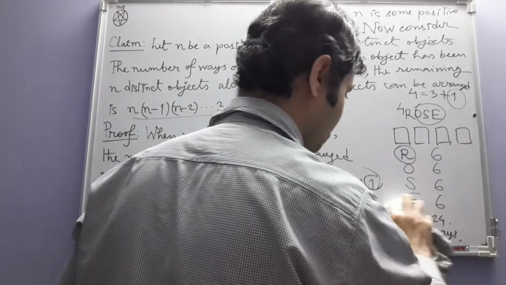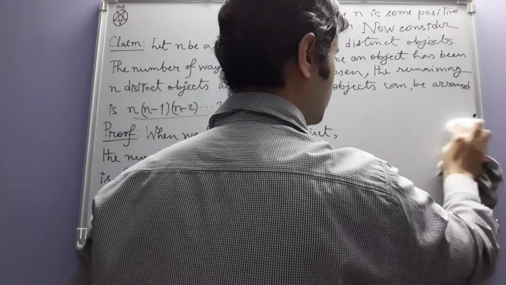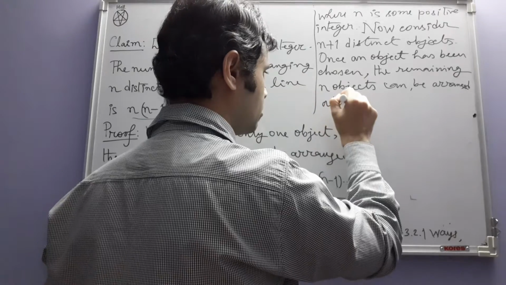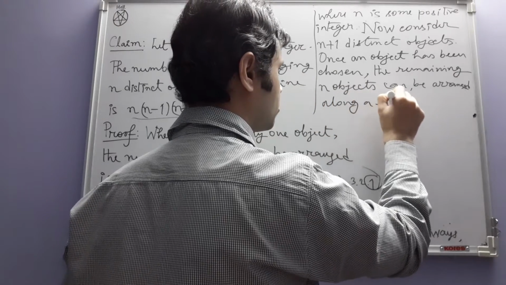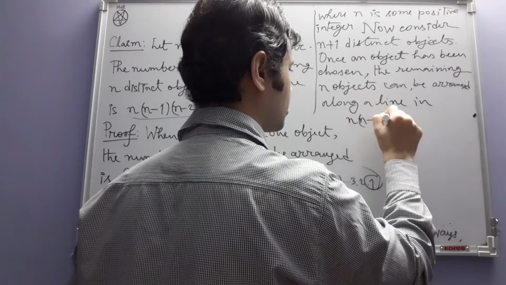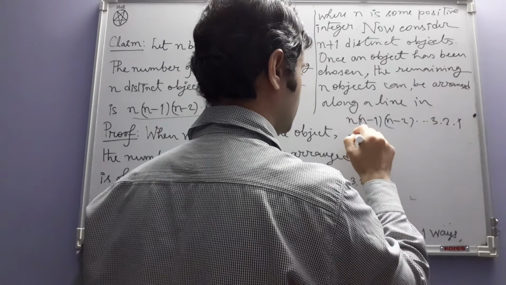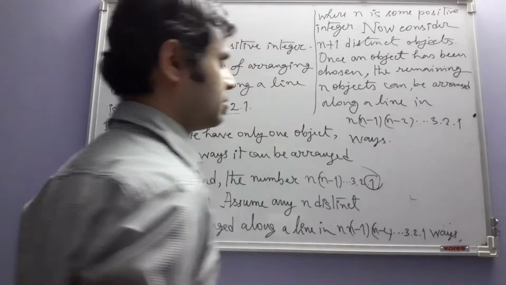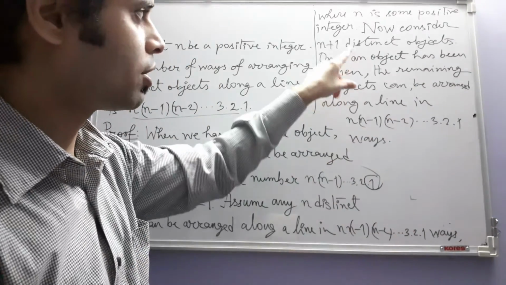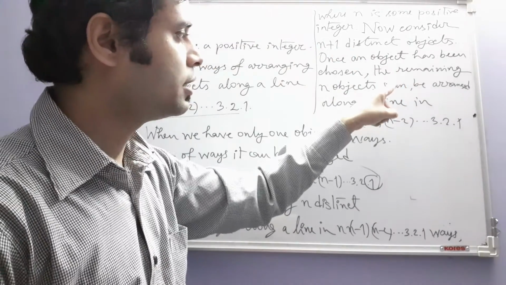Since we have understood this part, let me wrap this up. The remaining n objects can be arranged along a line in how many ways? n times n minus 1 times n minus 2, etc. This many ways. Now, these are the arrangements for that first choice of that object, but the first choice itself can be made in how many ways?